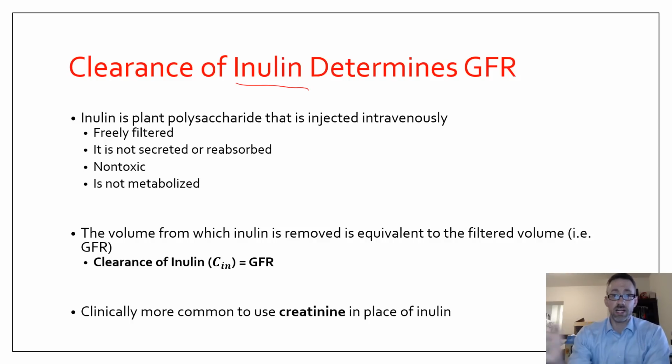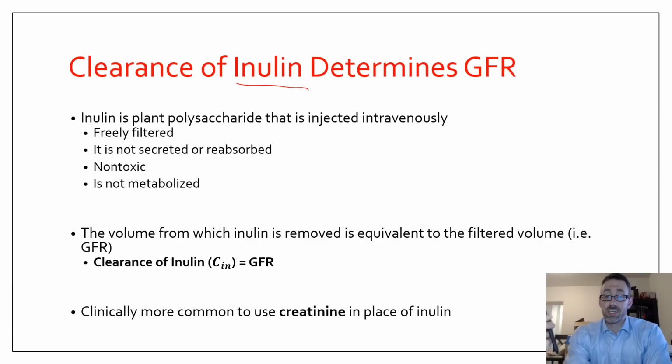So the volume from which inulin is being removed is the filtered volume. That filtered volume is the GFR. That is our GFR. All right, that's the volume per minute that enters into our nephrons.